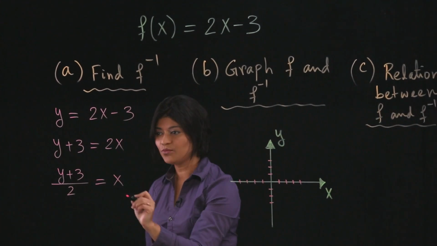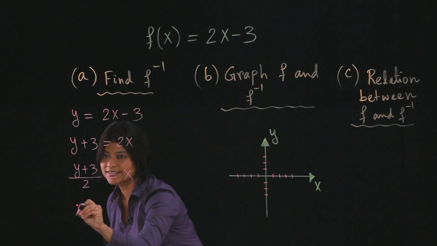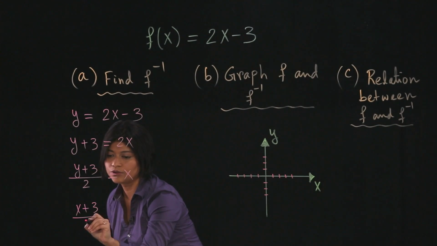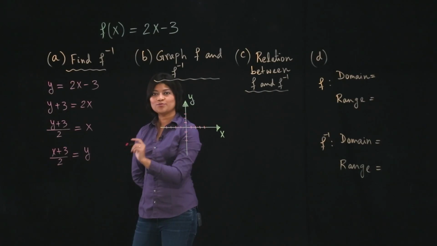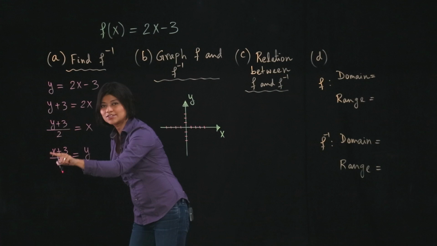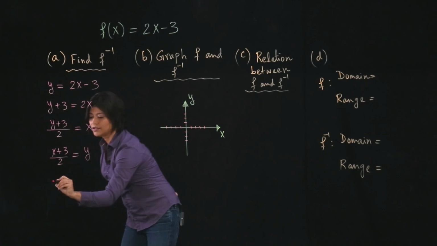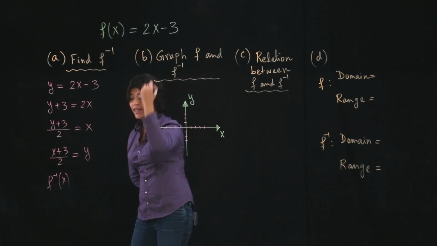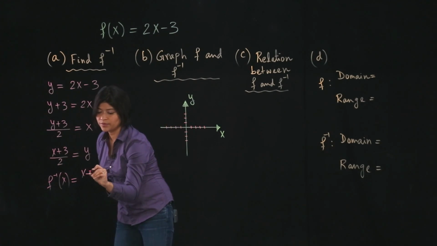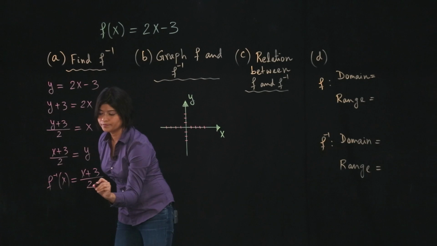So interchange x and y. So we will have (x plus 3) over 2 is equal to y. That is the f inverse. So f inverse, or the inverse function of the function f, is (x plus 3) divided by 2.